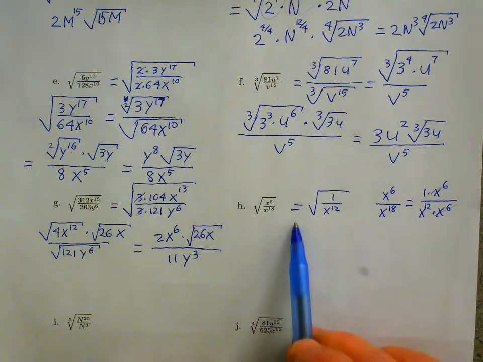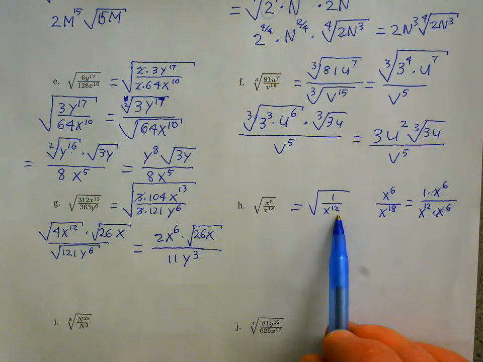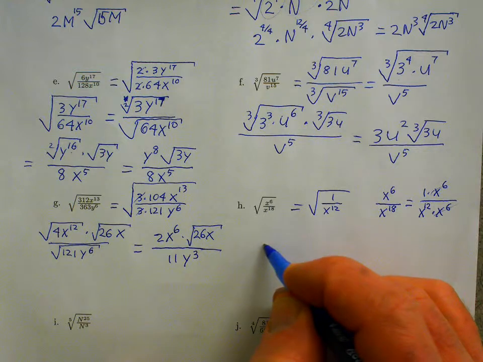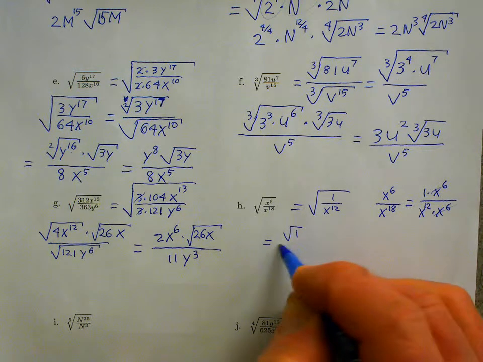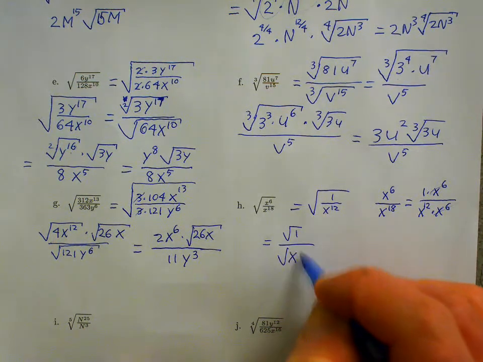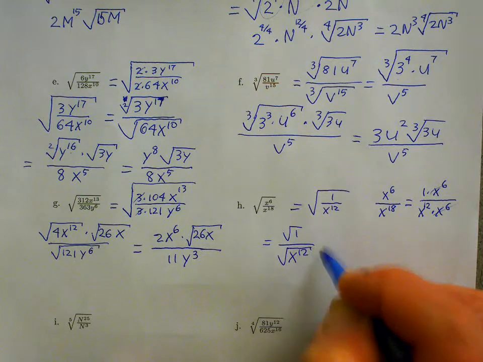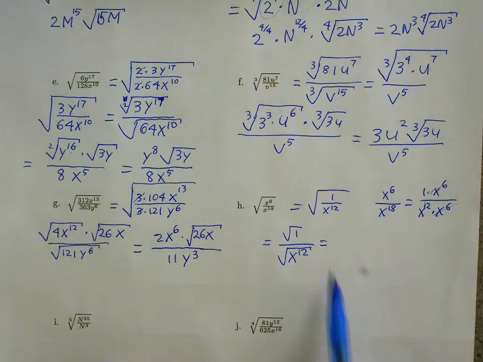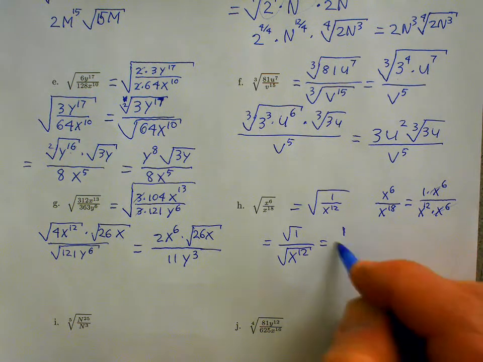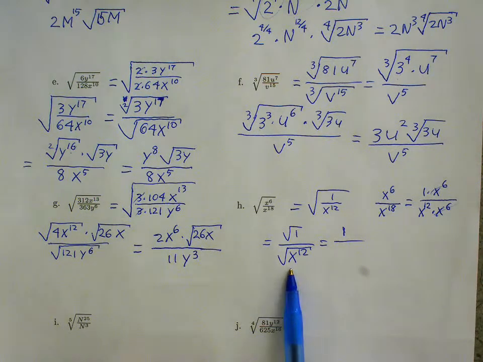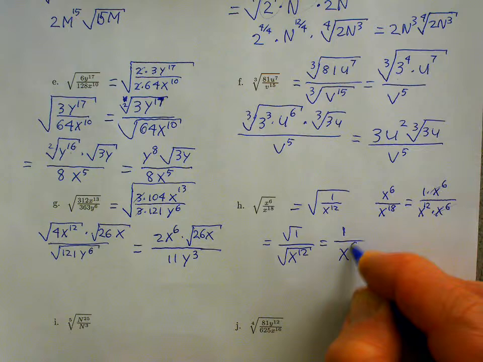And then the square root of 1 over x to the 12th is the square root of 1 over the square root of x to the 12th. The square root of 1 is just 1. And in the denominator, the square root of x to the 12th is x to the 6th.